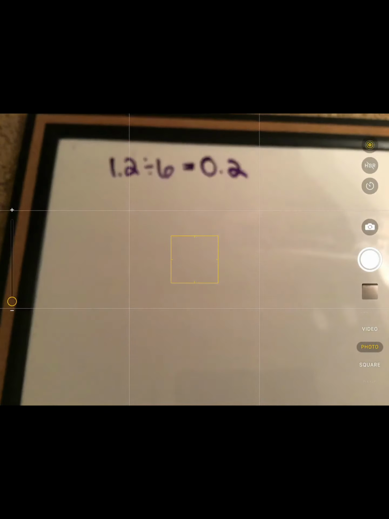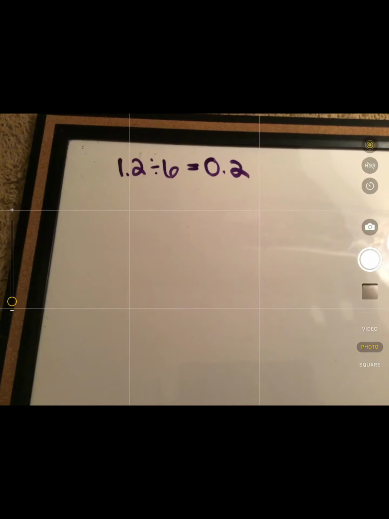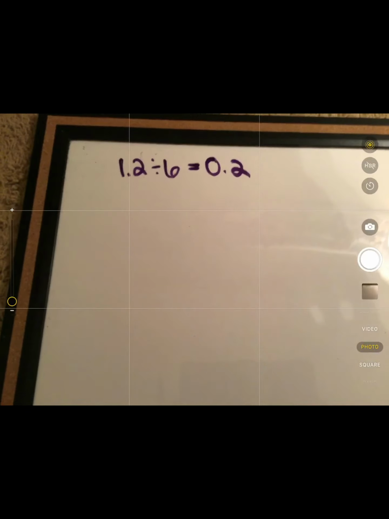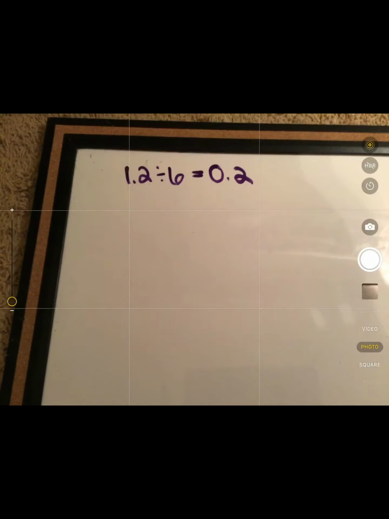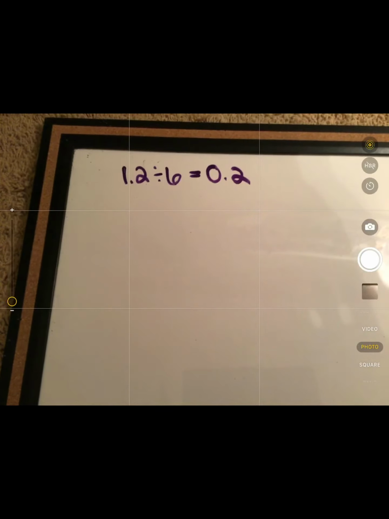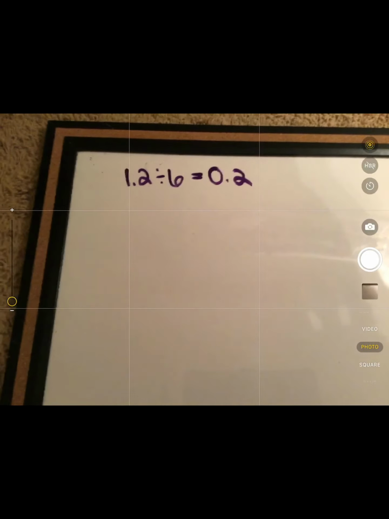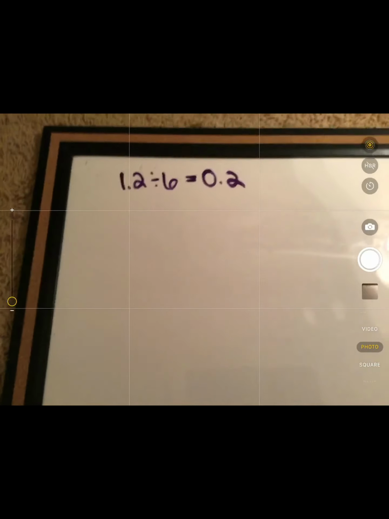Okay, so now let's take a look at one of the problem set problems. So we are looking at 1 and 2 tenths divided by 6. So that would give me 2 tenths.